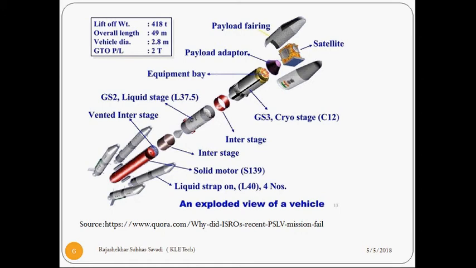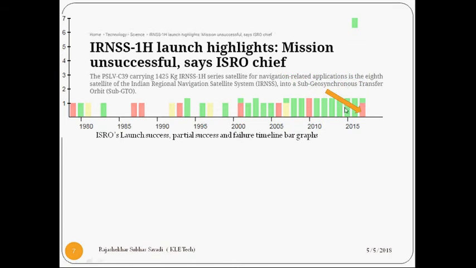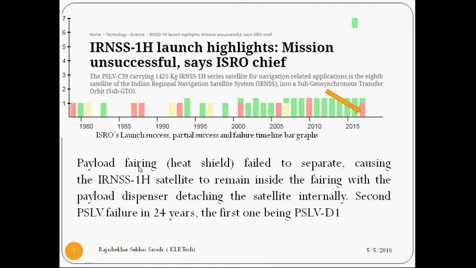Here you require a lot of confidence because crores of rupees are invested for one particular hardware. So if you see the success stories, in this case the continuous successes followed by one failure, this is mainly because of the separation issue.